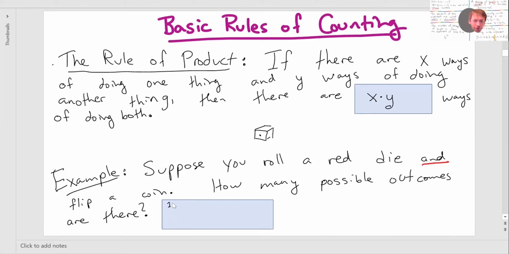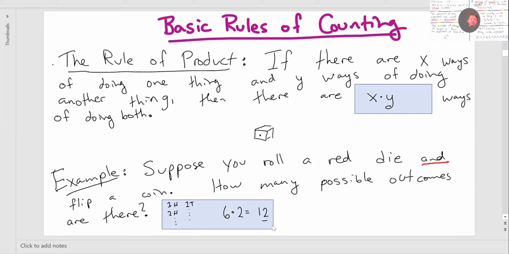It can be 1 in heads, 2 in heads, 3, 4, 5, 6 in heads, or 1, 2, 3, 4, 5, 6 in tails. But really, you don't have to write all this out. You can just use the rule of product to say that there's 6 outcomes for the die, 2 outcomes for the coin. So the answer is going to be 6 times 2, which is 12.